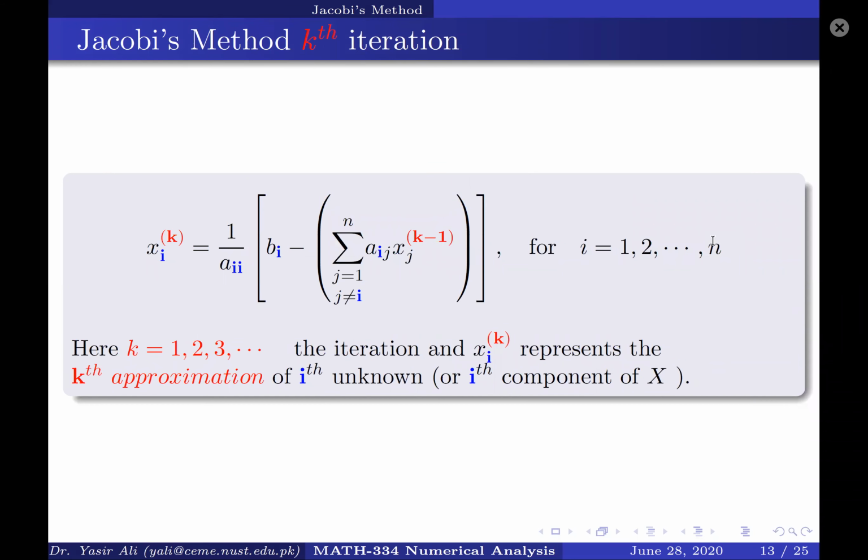In compact component form, I can write the Jacobi method in this way, and here xik represents the kth approximation of the ith unknown, or the ith component of x.